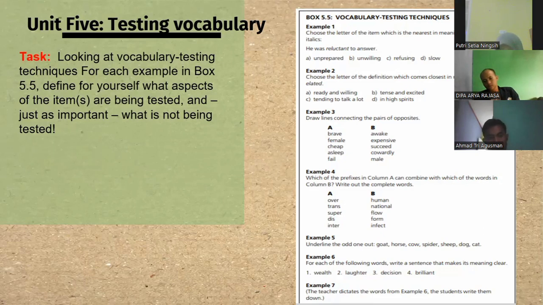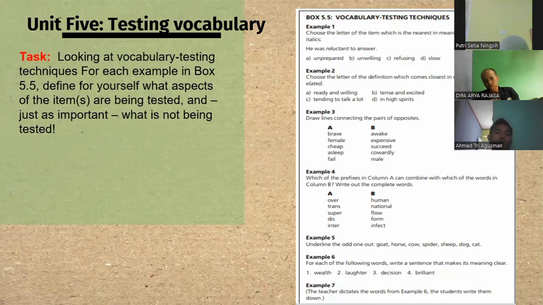Example 4 is also matching. Example 5, odd one out. Only meaning is being tested and you have no way of being sure that all the items are known.